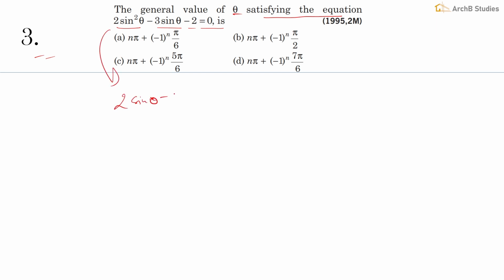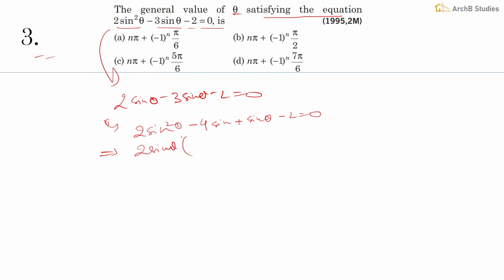By factorizing, taking 2 sin theta common, sin theta minus 2, plus taking 1 common, sin theta minus 2 equal to 0.